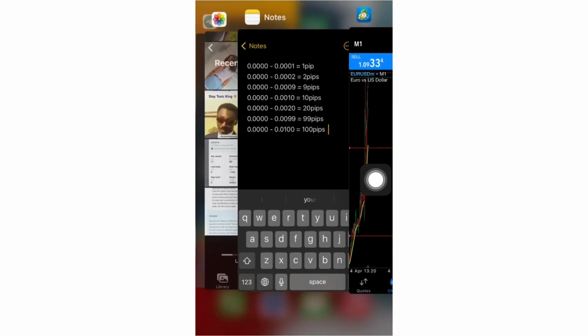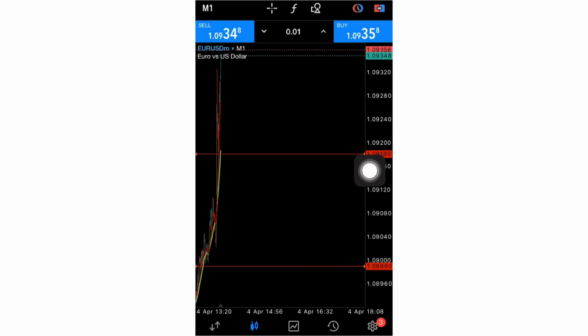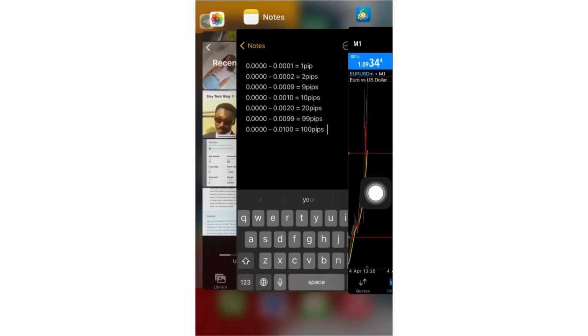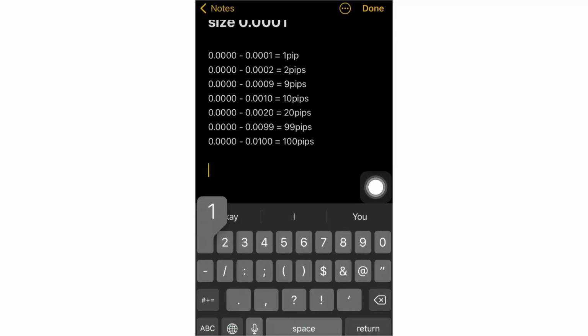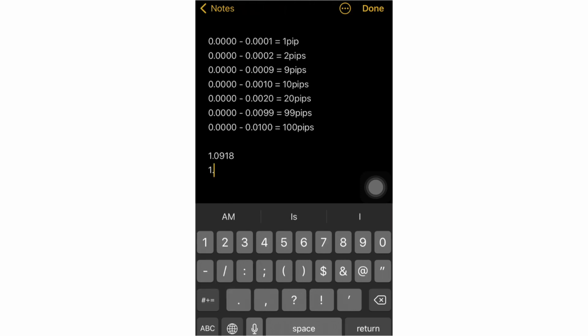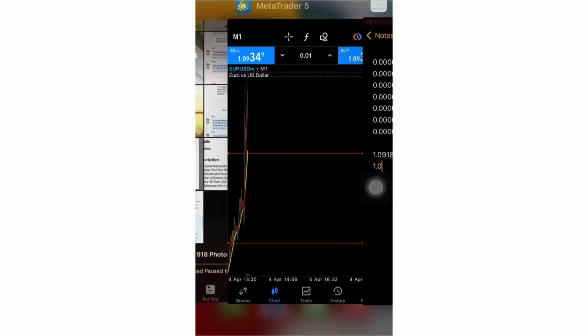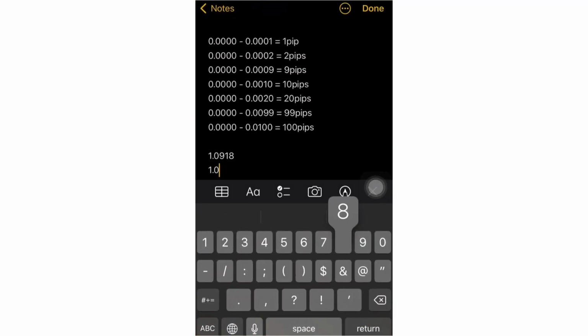So hold on, all I have to do is take the higher price and subtract the lower price from it. So what is the higher price? This is the higher price, right? So we have to just see what the higher price is. 918. Okay, hold on. 1.0918, right? 1.0899. 899.